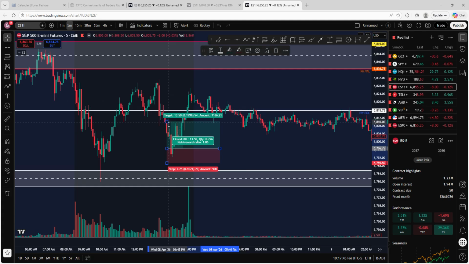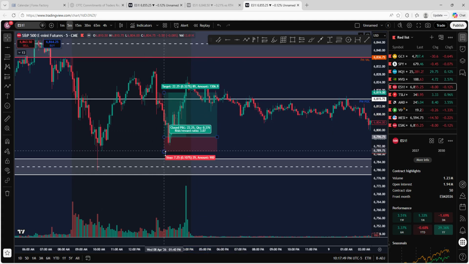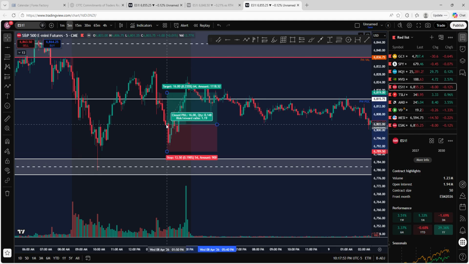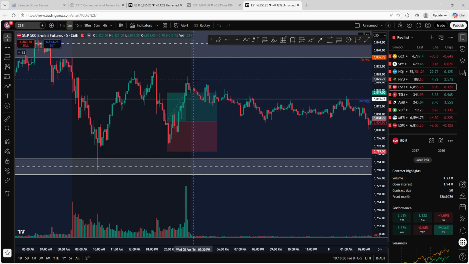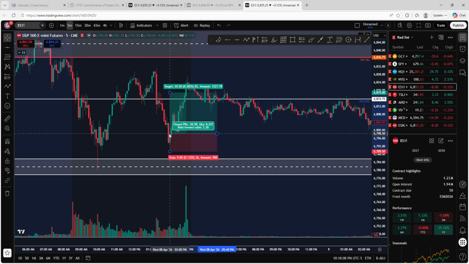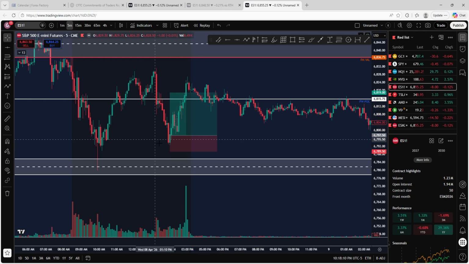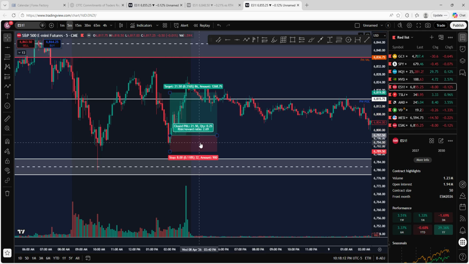Say you're targeting this guy here. Instead of having a 7-point risk, you want to wait for confirmation. Now you start to chase the market, and guess what they do to you? They give you a nice little pullback. You can't handle that, and now you exit your trade, and then they give you the move. So ultimately, it's always going to come down to buying red, or selling green.